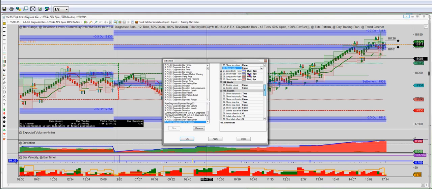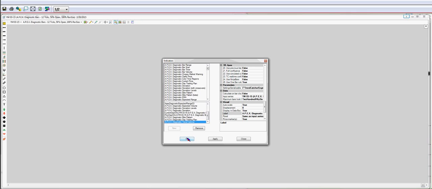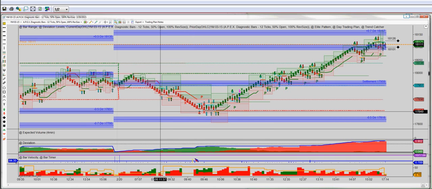Ignore them. They have nothing to do with binaries, nothing at all. Okay, so I am already in 20-minute bars, so we'll just take that off. This was when I was trading on futures. Now I know to go back and check all my charts.